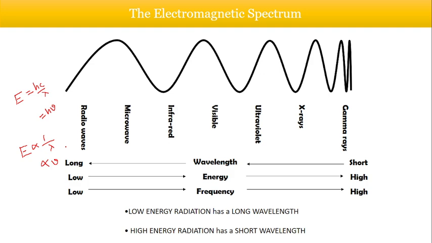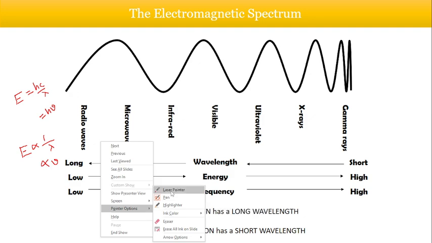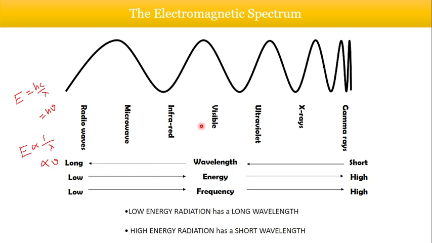On the left hand side we have the radio waves, followed by the microwaves. Then comes infrared radiation, then the visible, and then ultraviolet radiation, after which we have the x-rays, and with the shortest wavelength, highest energy and highest frequency we have the gamma rays.